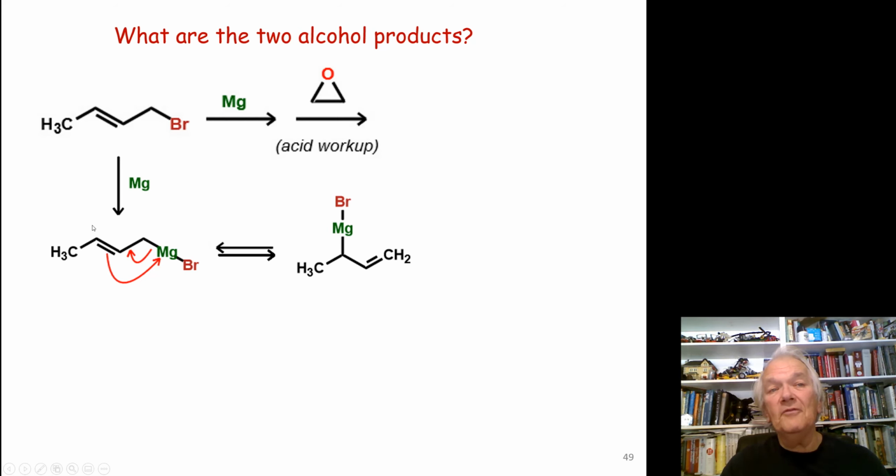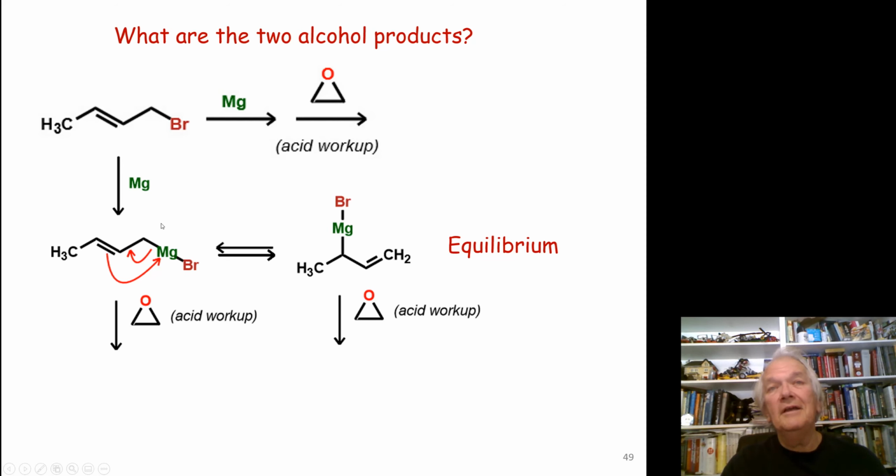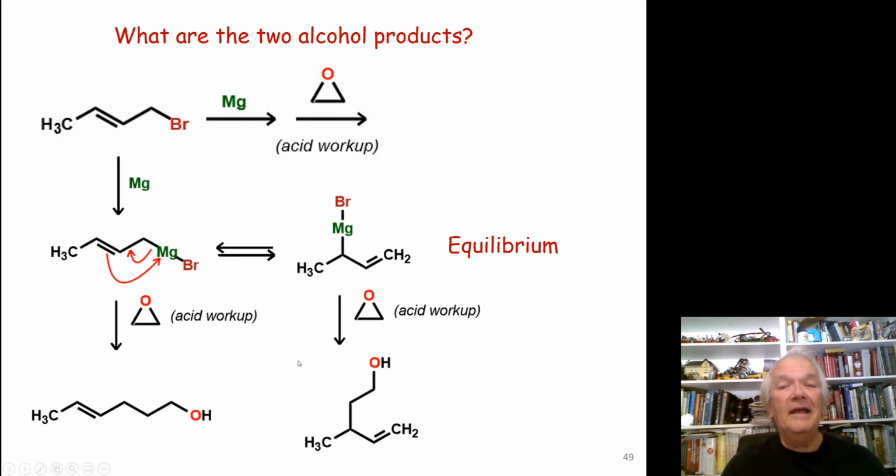That magnesium can flip back and forth depending on which carbon it is on. And this simply means that when you react with your epoxide, the epoxide can add to the magnesium on the end, or it can add to the magnesium in that secondary position. So this is pretty wild, and it just tells you some of the fun things you can do with allylic and benzylic systems.